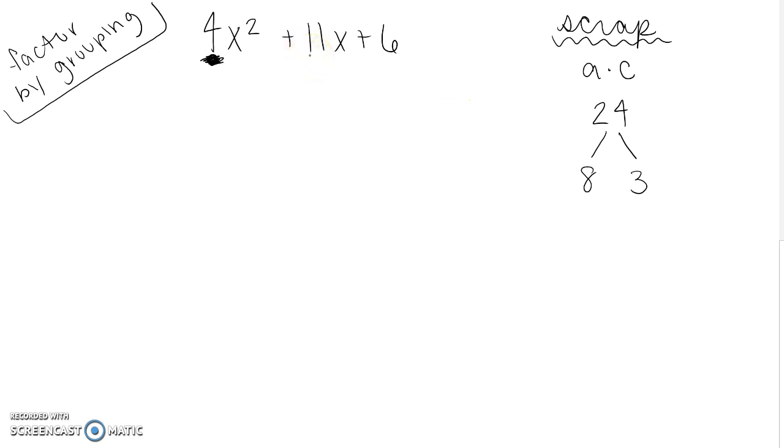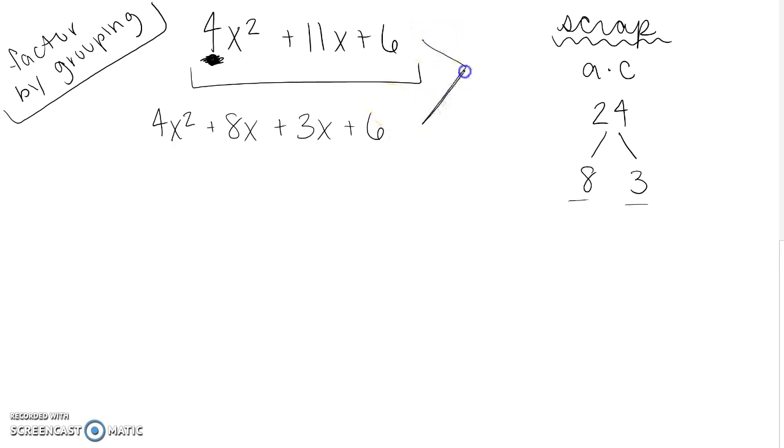Now what we're going to do is we're going to rewrite this as 4x squared, but instead of having 11x, we're going to have 8x and 3x. So this is like a tricky manipulation, okay? I've barely changed the problem.